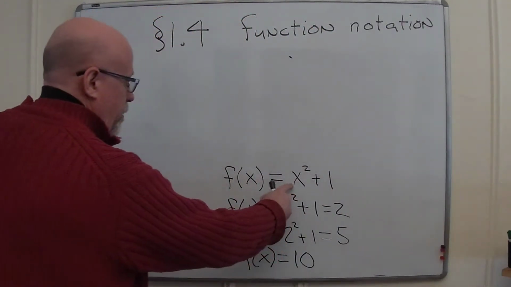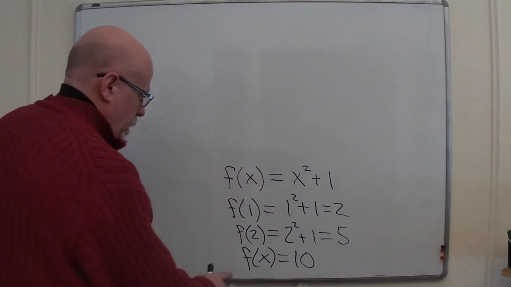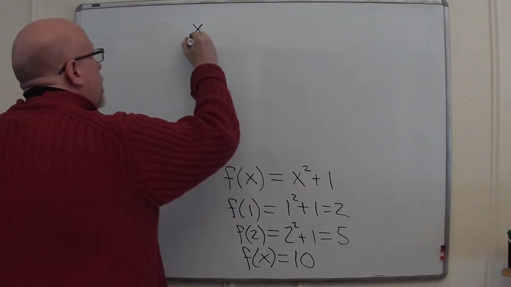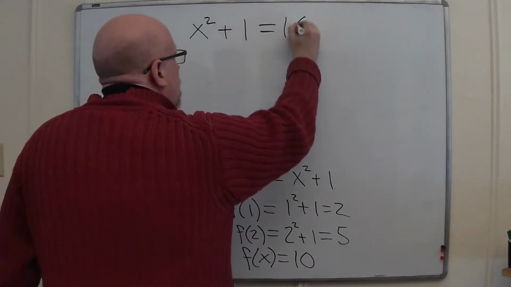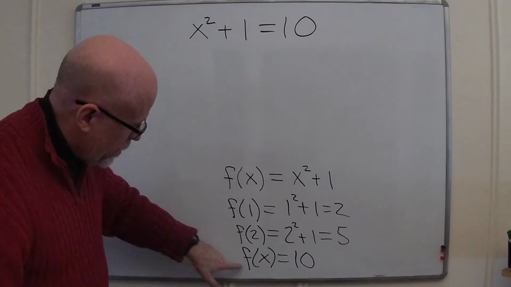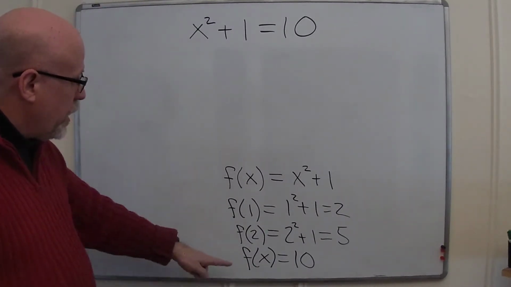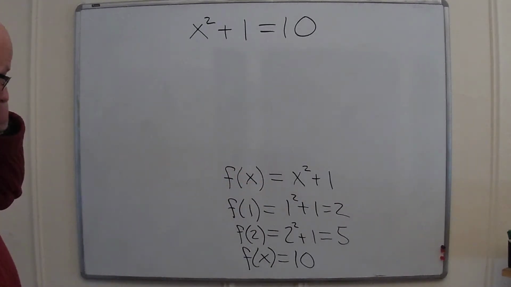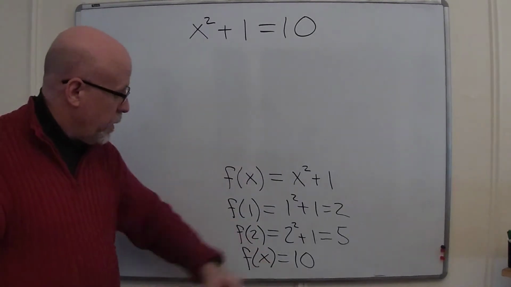While we're looking at that particular one, I should go ahead and do it. My function f was squaring and then adding 1. And I'm looking for when f of x equals 10. So it's saying x squared plus 1 equals 10. That's just replacing the abstract way of talking about the function applied to this variable x with the algebra that defines what the function is, and then setting that equal to 10, right?